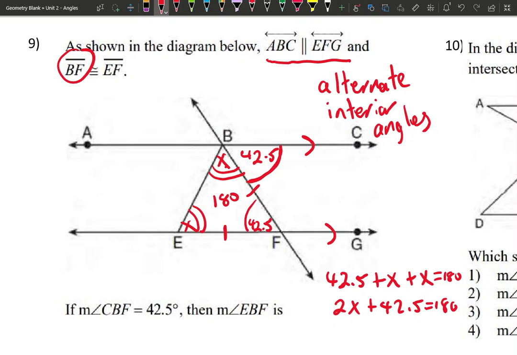Let's minus the 42.5 on both sides. So 180 minus 42.5 is 137.5. This is 2x is equal to 137.5. Divide that by 2, and you will get 68.75. All right, so each angle is 68.75 degrees.